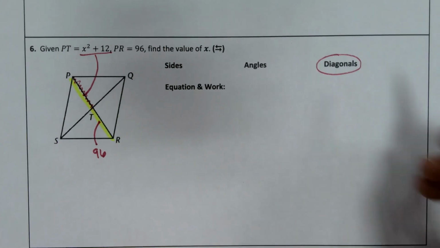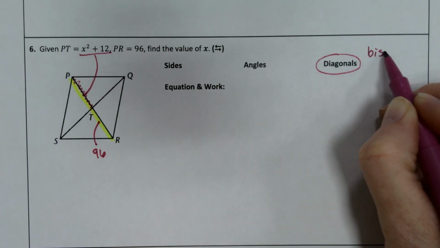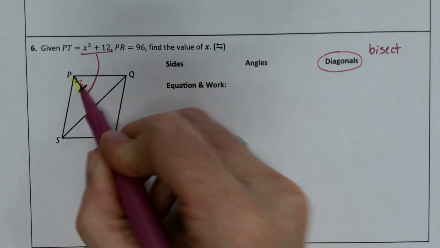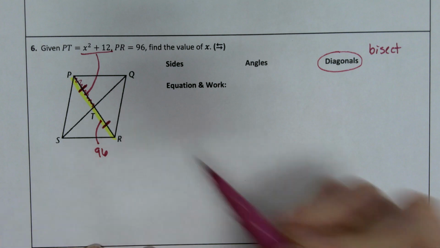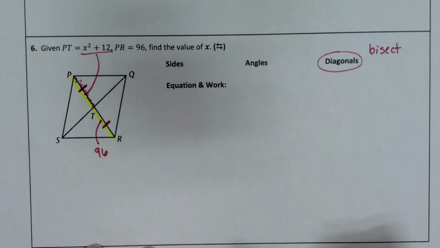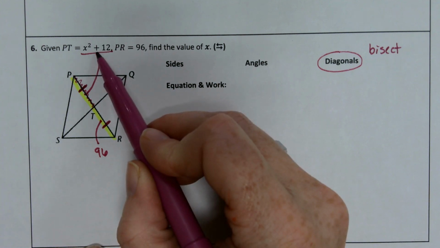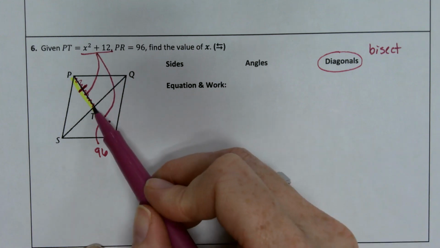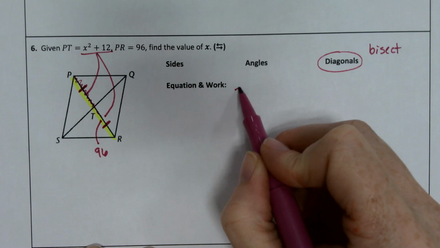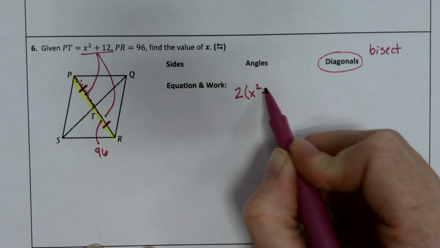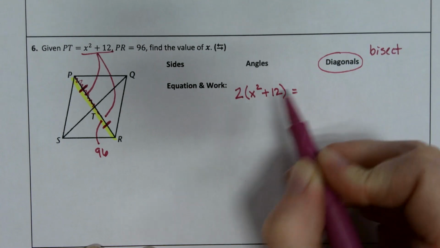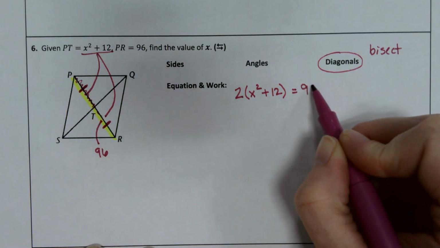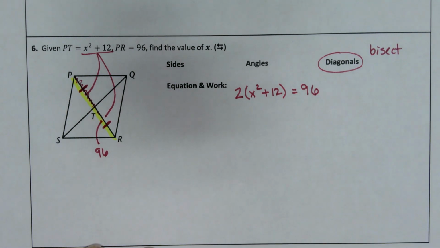So if we remember that fact about how diagonals bisect each other, this section at the top is going to match this section at the bottom. So I can really use that x squared plus 12 for both of these little parts, which means it takes 2 of those, 2 x squared plus 12s, to cover that entire diagonal from P to R, which is 96.